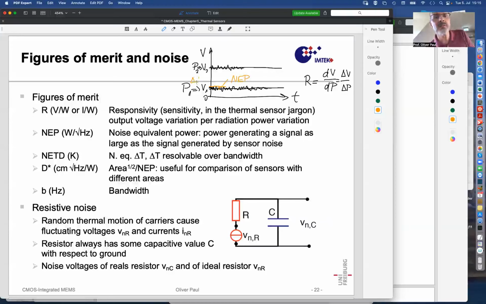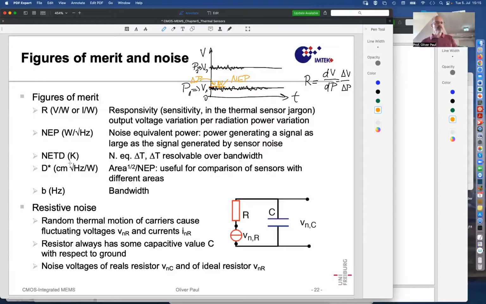So this delta P that goes in to produce this delta V that is just larger than the noise voltage, the amplitude of this noise signal, then this power is called the noise equivalent power. And interestingly, it is a spectral density. It is watt per square root hertz. It depends also on the bandwidth of the system.